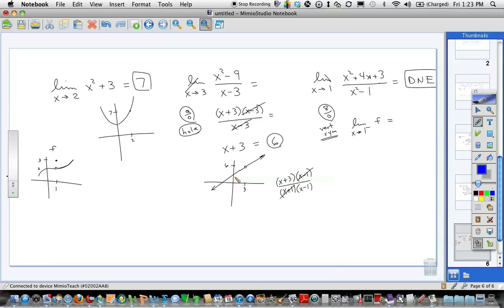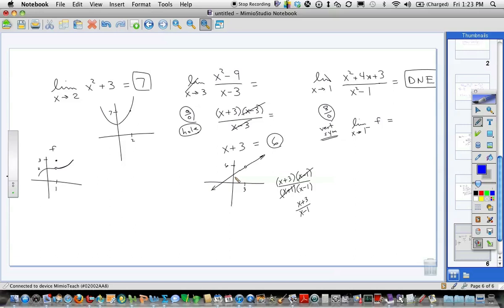The x plus 1s do cancel. Unfortunately, that's not what was causing me to get 0 over 0, because I'm plugging in a 1. So this simplifies to x plus 3 over x minus 1. For my purposes here, I could go ahead and do that. It might make my substitution a little easier here.